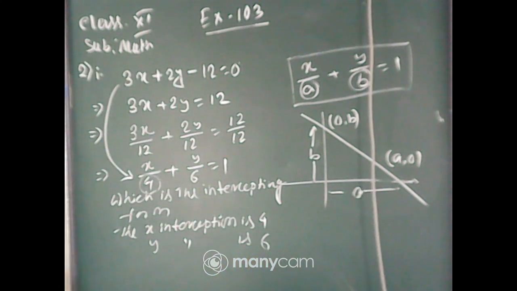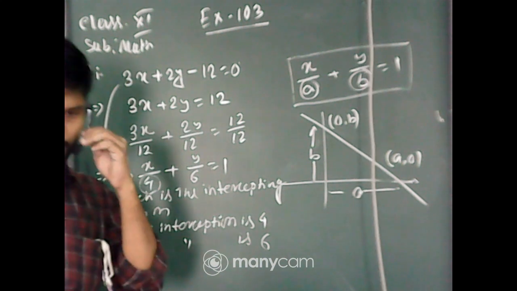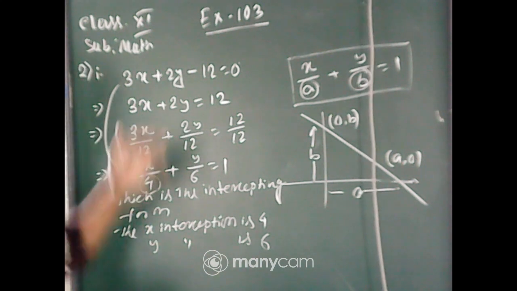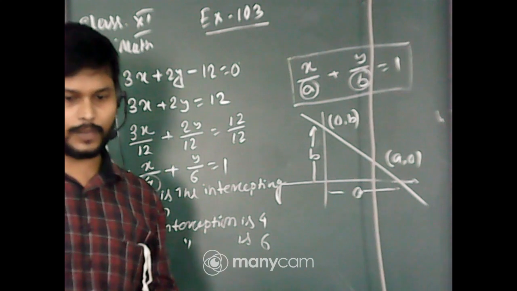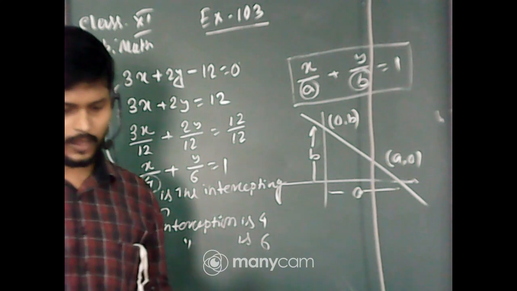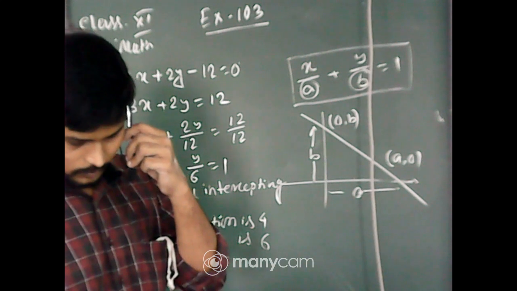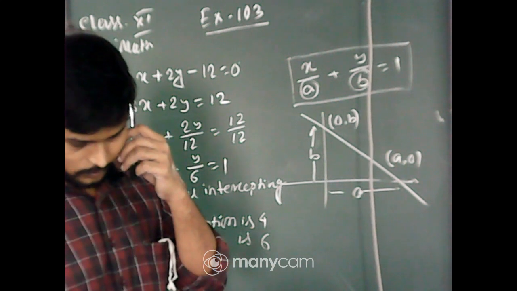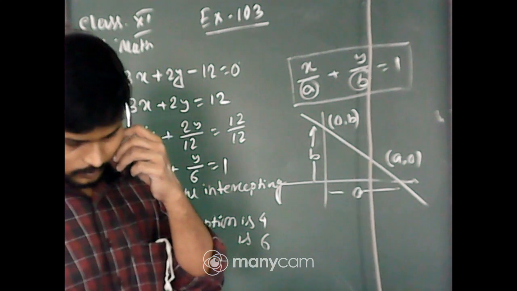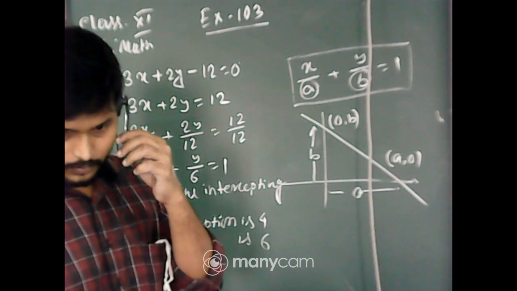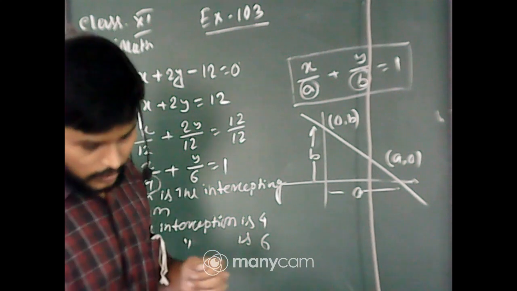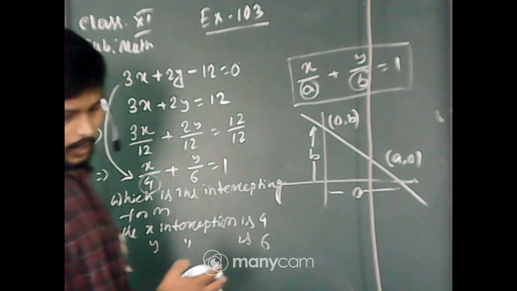So 4 comma 6 are the intercepts made by the straight line with the positive direction of the x axis. Understood? Yes. Okay, so now solve the second question.